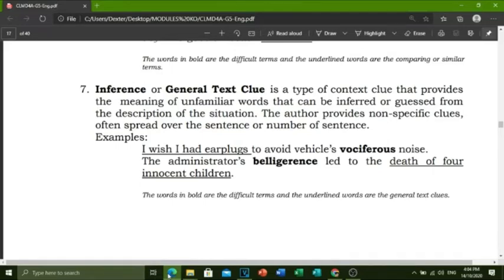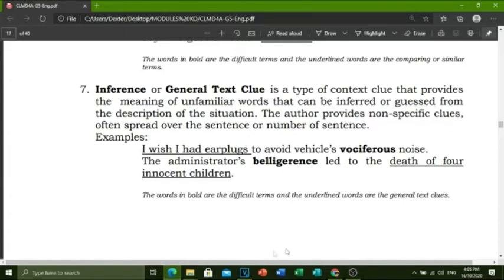Let's read the examples. I wish I had earplugs to avoid vehicles' vociferous noise. The unfamiliar word is vociferous. And the clue given is I wish I had earplugs. So, since the clue is inference, the reader will be the one to guess what the word means from the description of the situation.